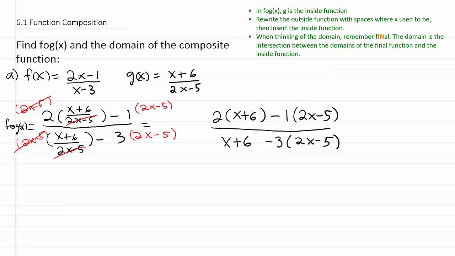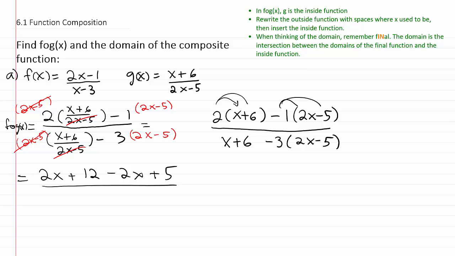If we actually just go ahead and perform that arithmetic, then we'll have 2x, correct? And 2 times 6, which is 12, minus 2x, plus 5, that's the numerator, and then the denominator will be x plus 6, minus 6x, plus 15.